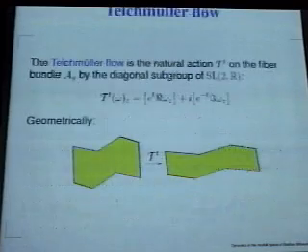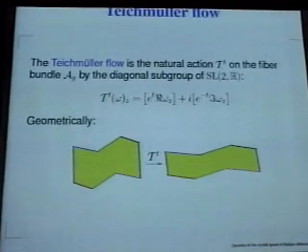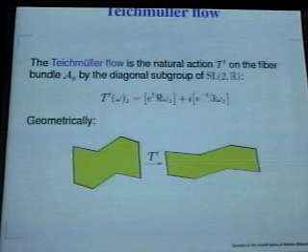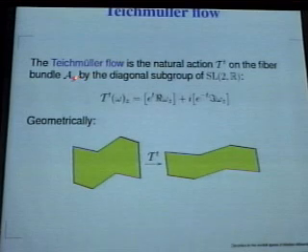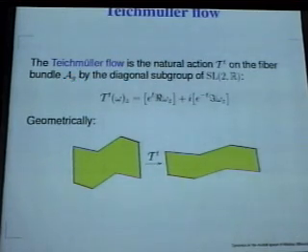Now, the reason I'm introducing this notation is that I want to describe to you this dynamical system that acts on the whole space of abelian differentials, this A sub G. And it turns out that it's surprisingly simple to describe. The Teichmüller flow is, well, I've written it like this. It's just a natural action on this moduli space of abelian differentials of the diagonal subgroup of SL2R.